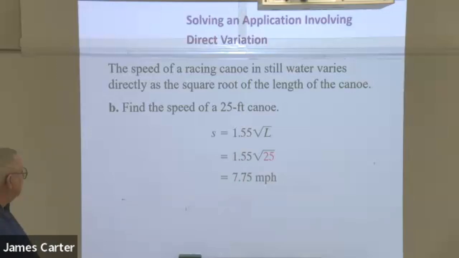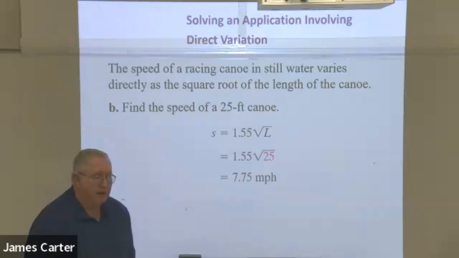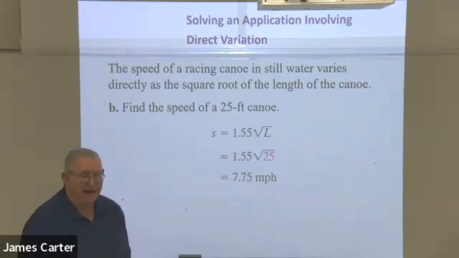By the way, no, this is an exact value. So that speed would be 7.75. In other words, changing from 16 to 25 would increase your speed by about 1.5 miles an hour, approximately.